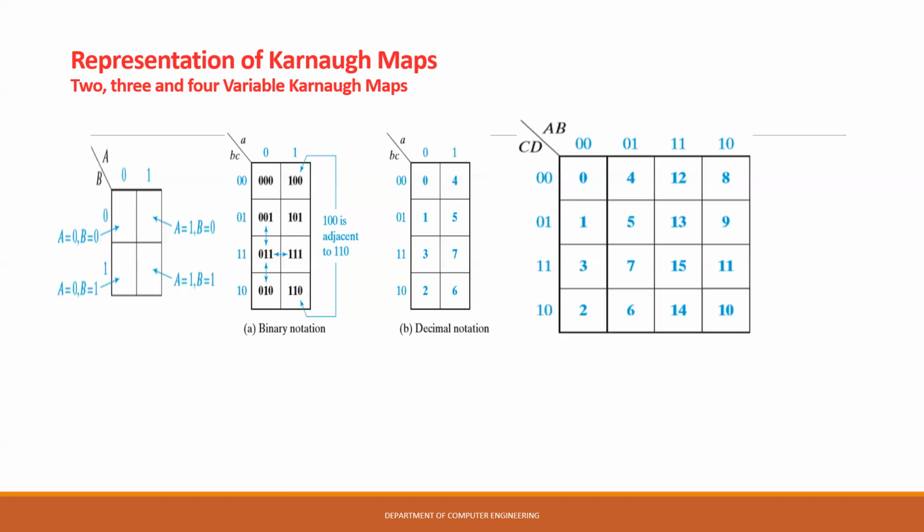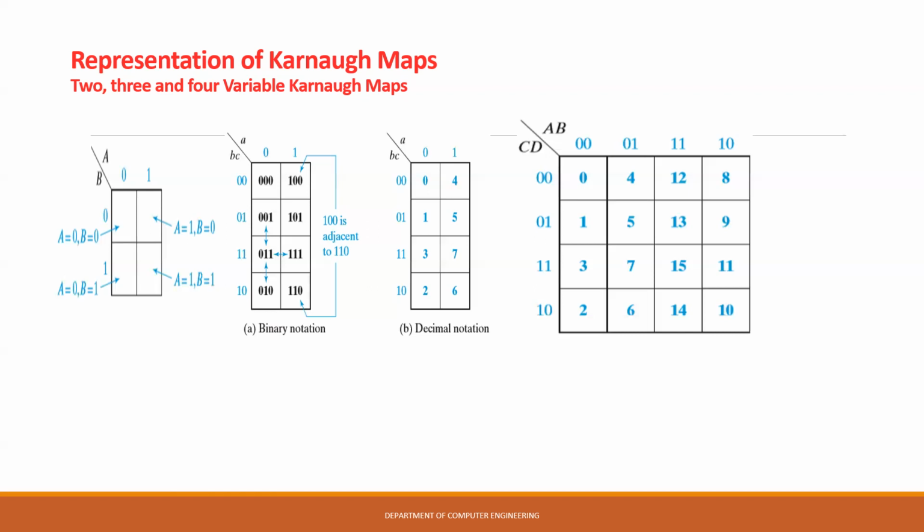Instead of in sequence 0, 1, 2, 3, these cells are marked like 0, 1, 3, 2 in first column. Similarly, in second column, remaining numbers 4, 5, 7, 6. Instead of 4, 5, 6, 7, these are marked as 4, 5, 7, 6.